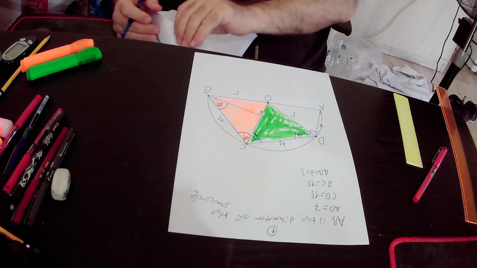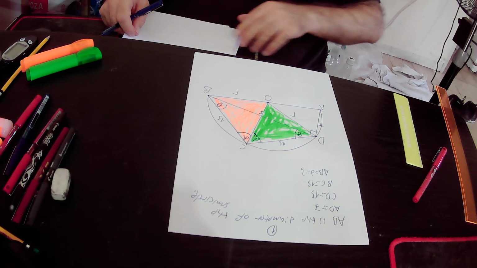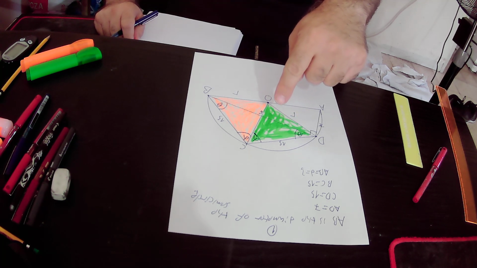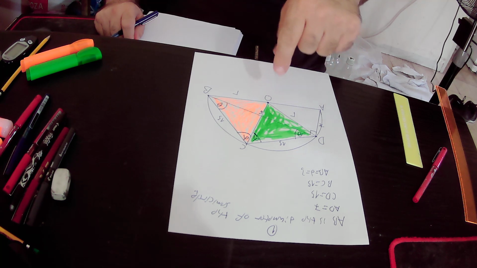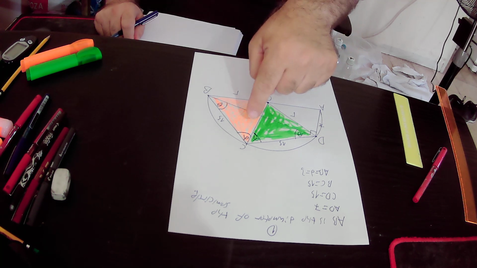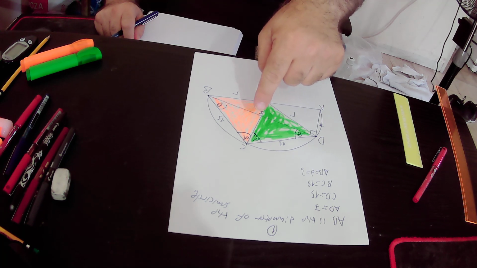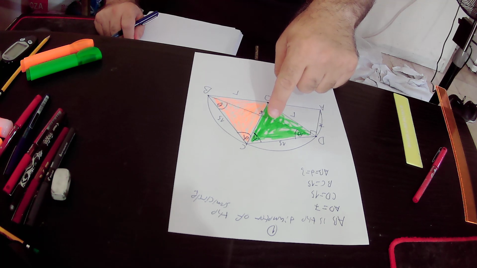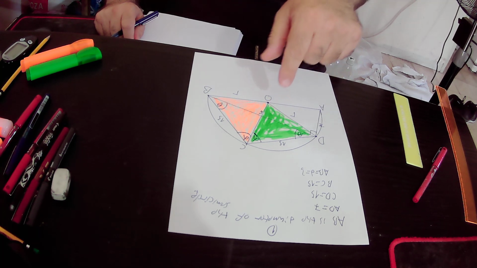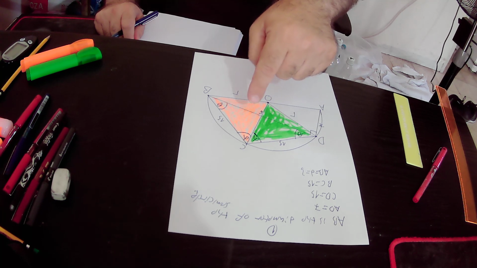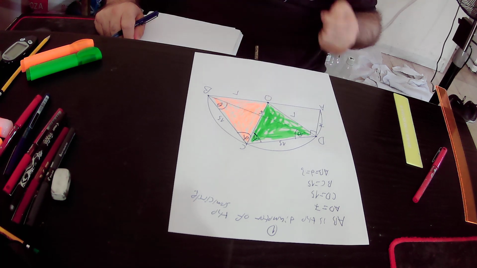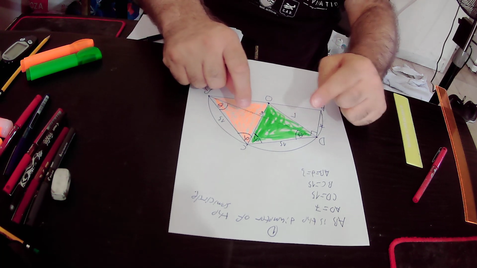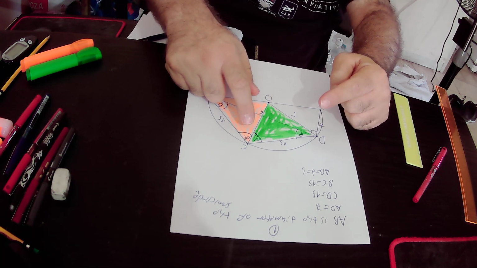So we actually proved that two sides and the included angle of the green triangle are equal to two sides and the included angle of the orange triangle. The included angle is the angle between the two sides.